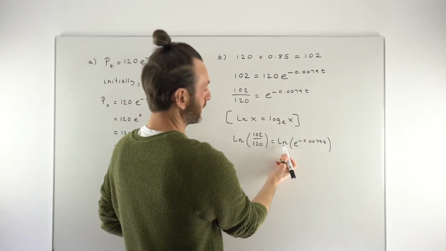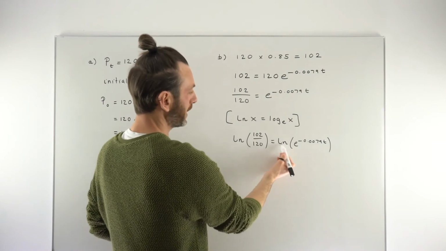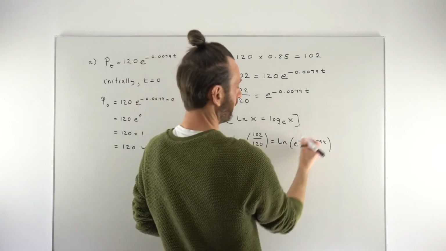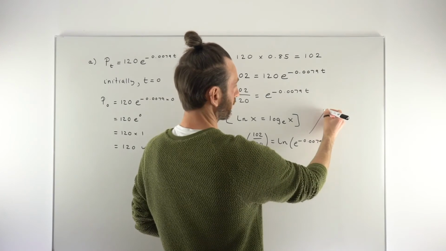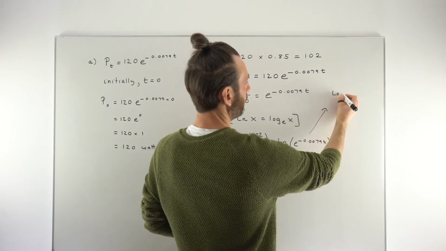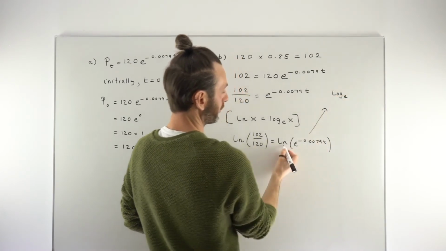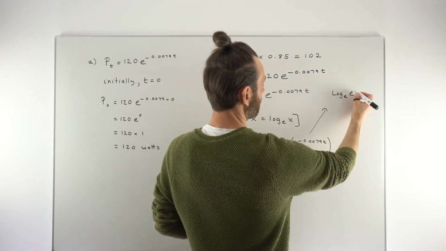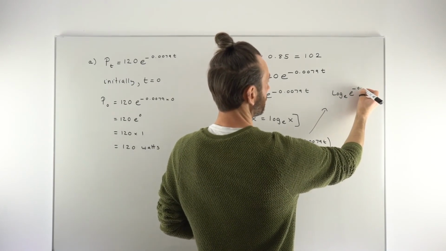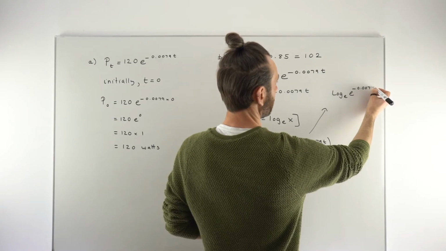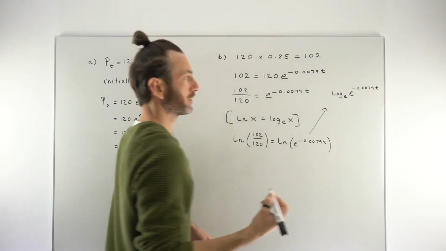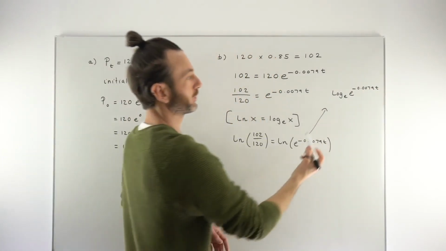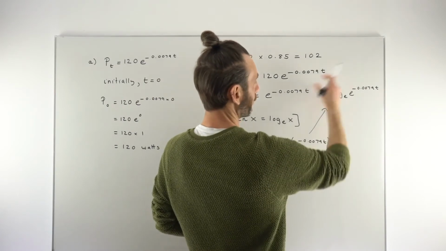But the way this basically works, if I wrote that as log to base e, it would be log to base e of e to the minus 0.0079t. But remember, there's one of the log rules that says if you've got this scenario, you can bring the power in front.